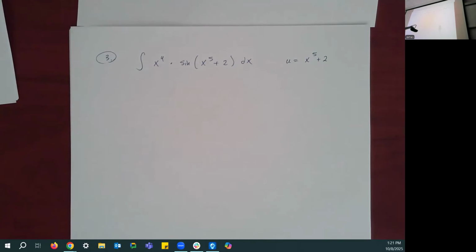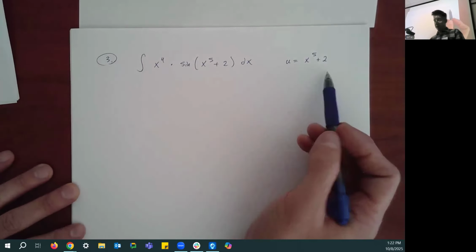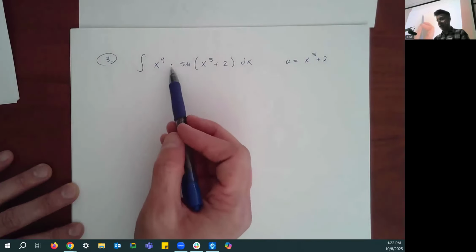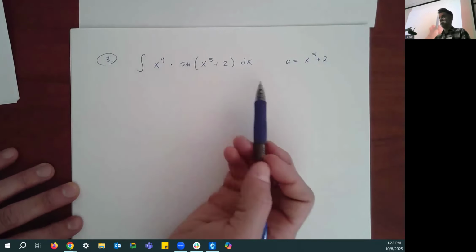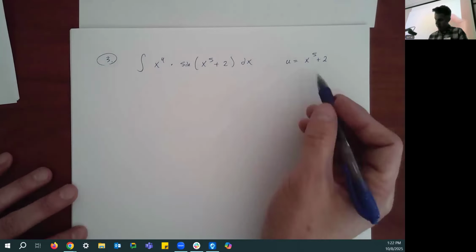I will counter that with, if you're doing integration by parts, it's perfectly valid to sometimes let u equal x. So in a u sub, you're just not getting anywhere with u equals x. If I let u equal x right here, my du would be dx, and my new integral would be u to the fourth times sine of (u to the fifth plus 2) du. It hasn't changed. It's still the same. So just a word to the wise.